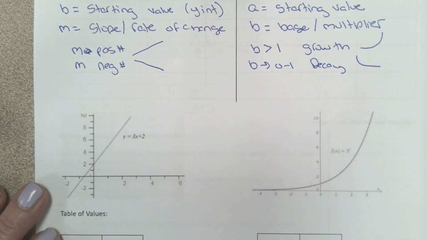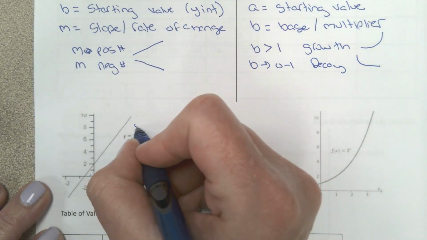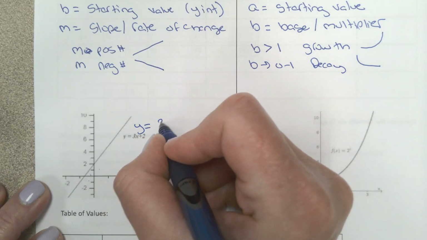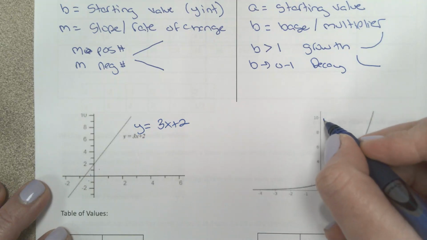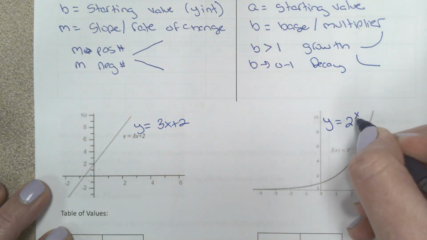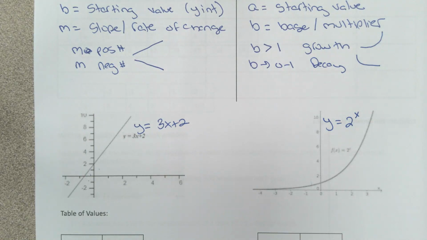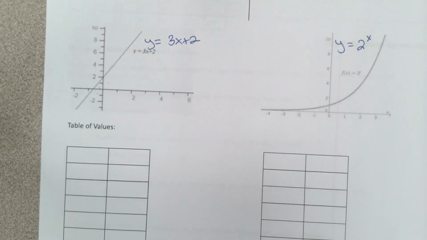All right, so this says y equals 3x plus 2, and this says y equals 2 to the x. So we would like to create a table of values so that we can say a little bit more about it.